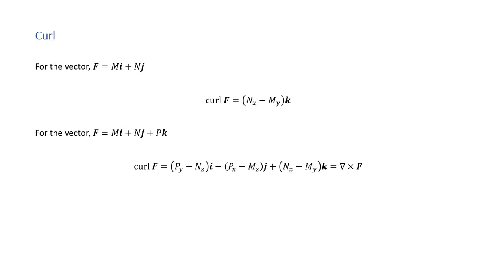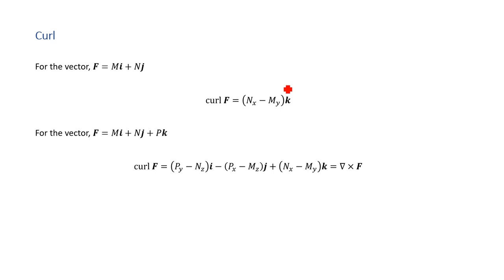All right, so the second quantity I wanted to define is the quantity curl. And curl is a vector quantity. So if you have a two-dimensional vector, M, N, your curl is defined to be Nx minus My, and it'll point in the k direction.